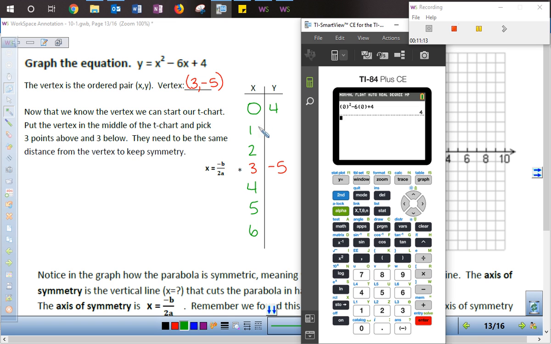Now I want to do it again for the value of 1. So instead of an x, I want to put a 1 in. But instead of going through and typing that all in again with a 1, I can use some functions on my calculator to make it a little bit simpler. I'm going to hit this second button up at the top, and then I'm going to come down here and hit enter, because what that's going to do is bring back my previous entry.